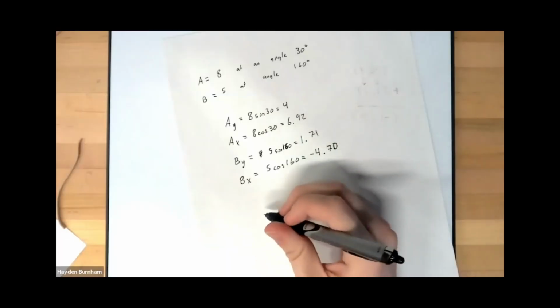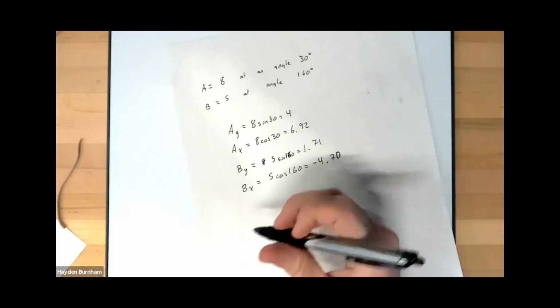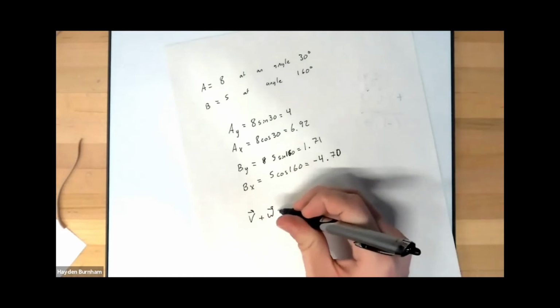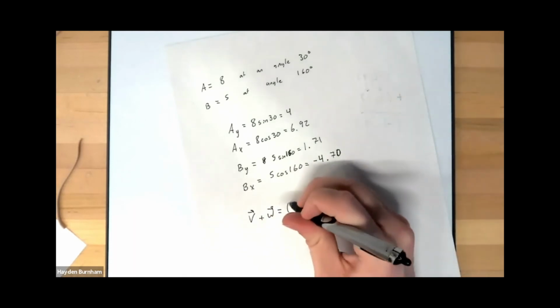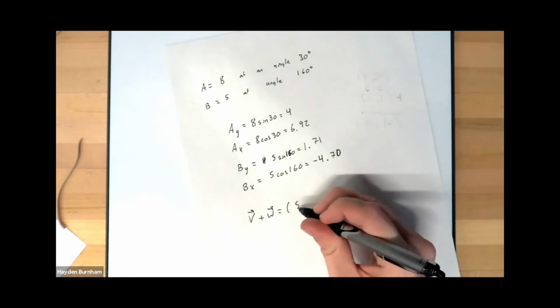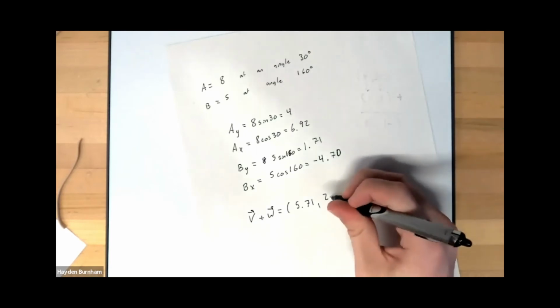Gotcha. So then when we add all of these together, and I'll just say V plus W, since those are their actual names, the y component is going to be 5.71. And then the x component is going to be 2.22.